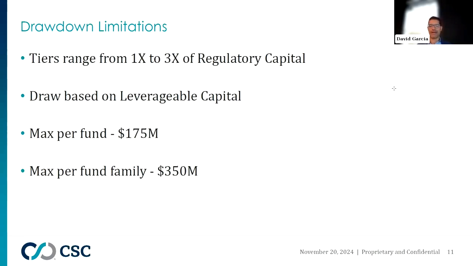As I mentioned earlier in my previous slide, the draw is based on leverageable capital. So if you've been approved for 2 times regulatory capital, which is somewhat, with exceptions, similar to your committed capital, and your committed is $50 million, and your regulatory ties in perfectly at 50 million, and you've been approved for 2 times, that's $100 million.